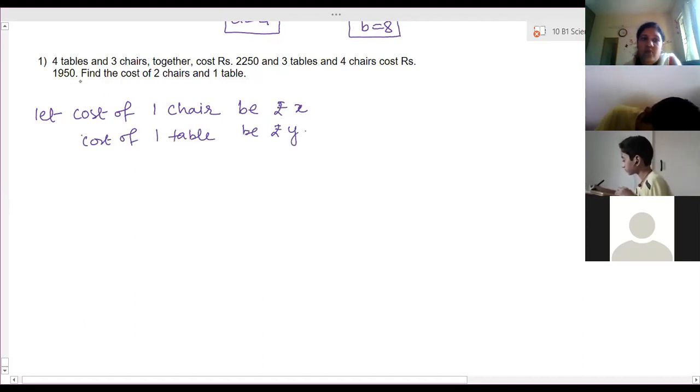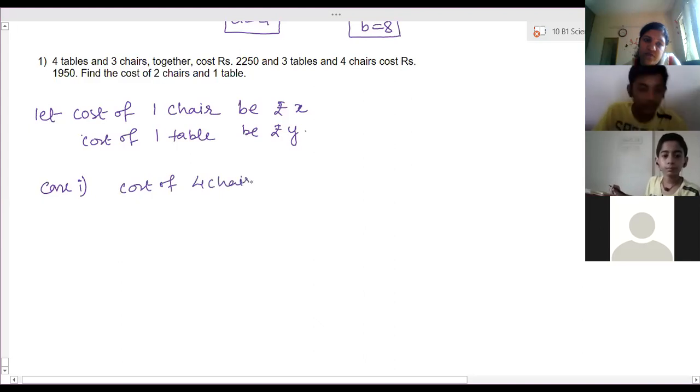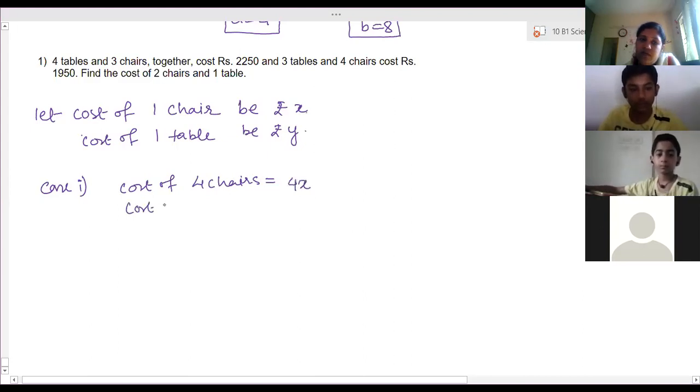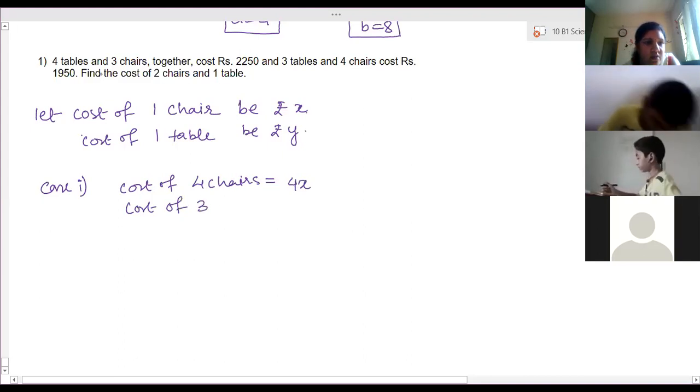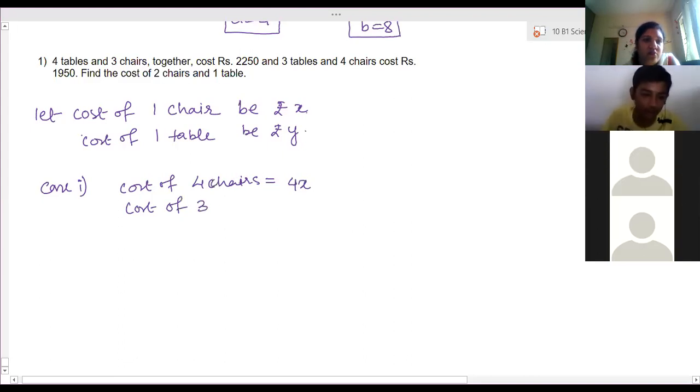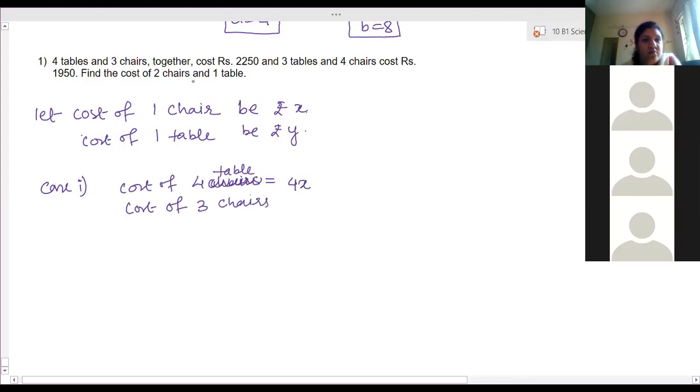Okay. So now first case. They have given 4 tables and 3 chairs together cost rupees 2,250. Table and chair they have given us, so write it down wisely.